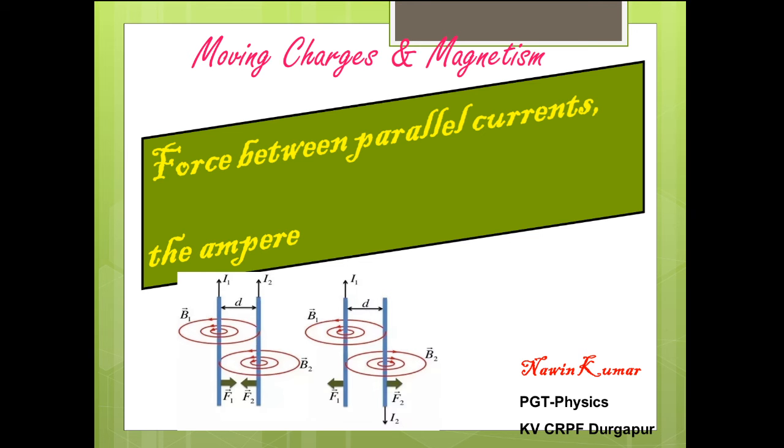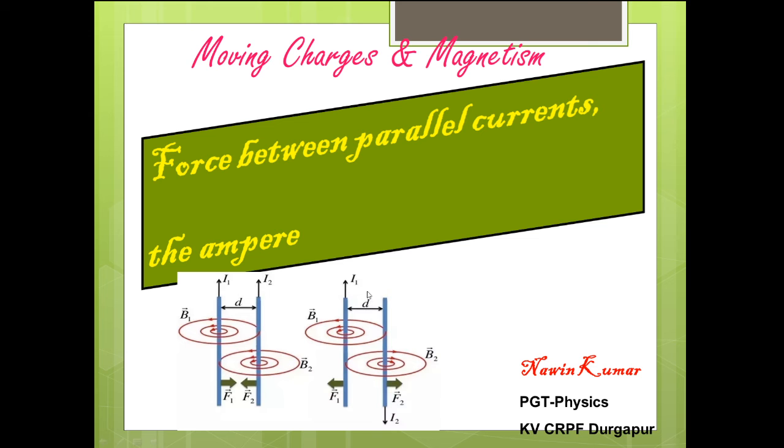See, in the diagram there are two current carrying conductors placed at distance d. Then we can see the force here.